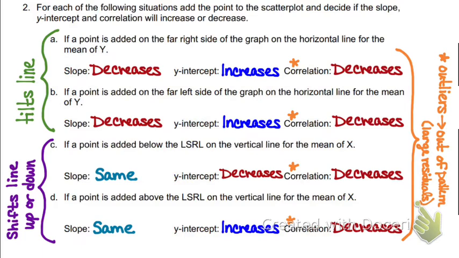Which of these outliers, the horizontal ones or the vertical ones, made the biggest impact? Which one made the biggest impact, the most overall change? Horizontal. Our horizontal outliers made the largest change.